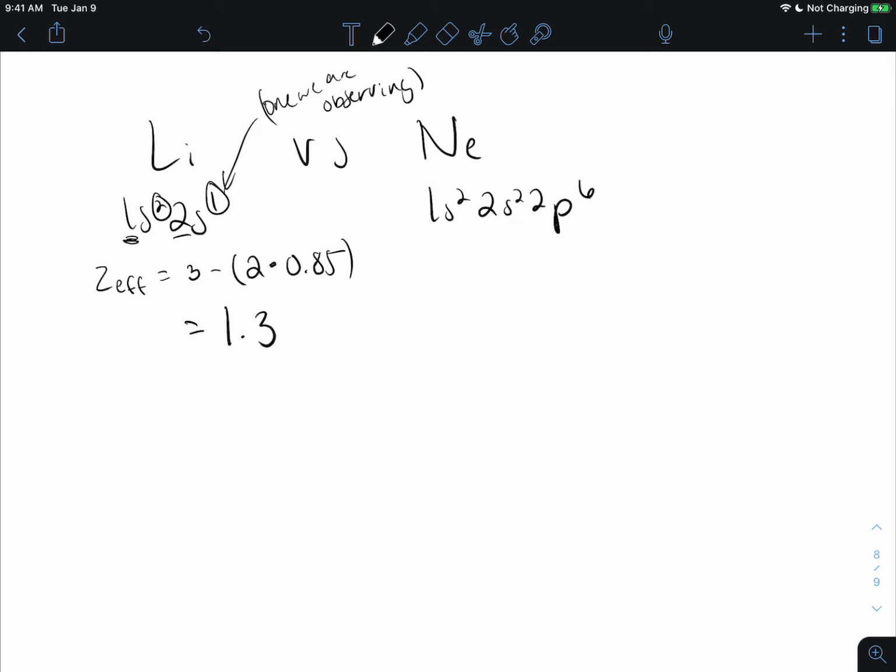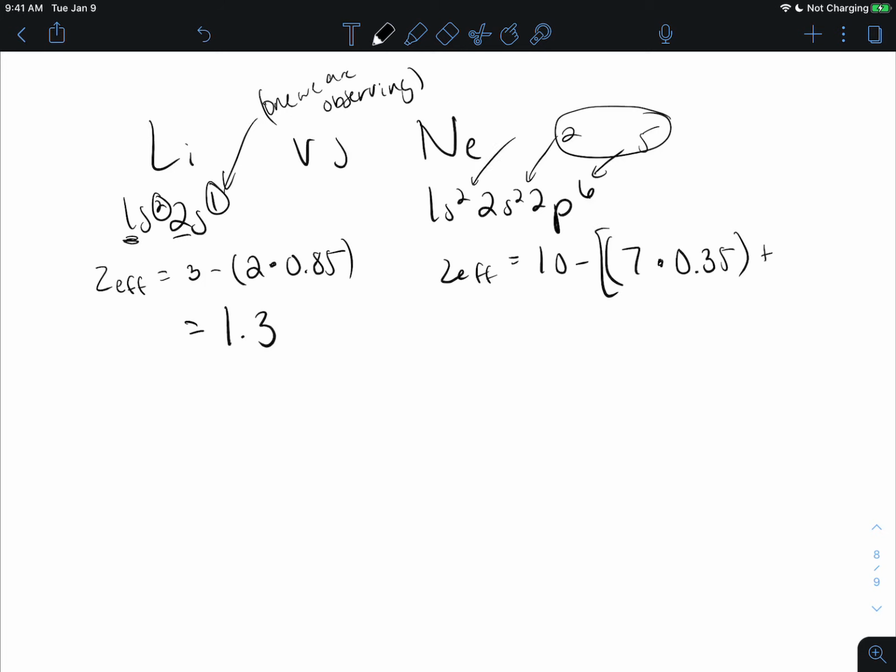And what we get is a value of 1.3. And then for neon, our atomic number is 10 minus our constant. We have 5 electrons here, 2 electrons here, so a total of 7 electrons in our greatest n value, which has a shielding constant of 0.35. And then we have 2 electrons at 0.85, which gives us a Z effective of 5.85.